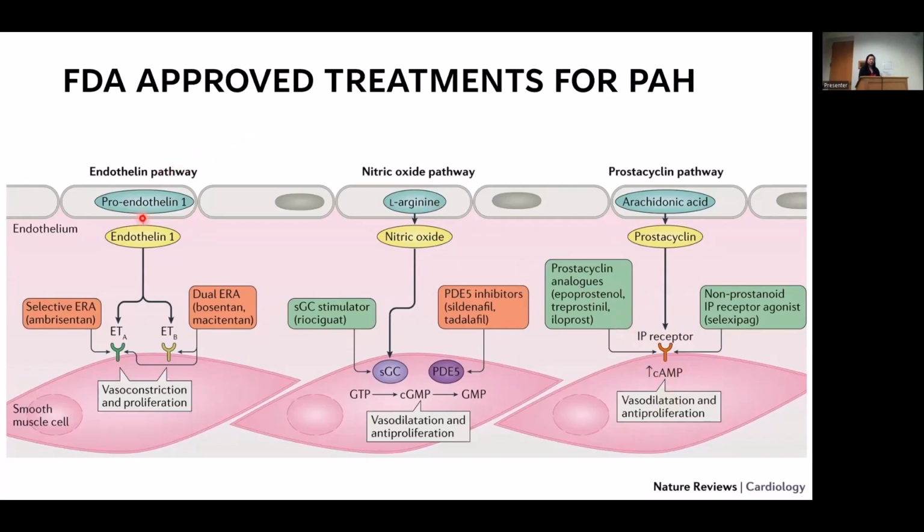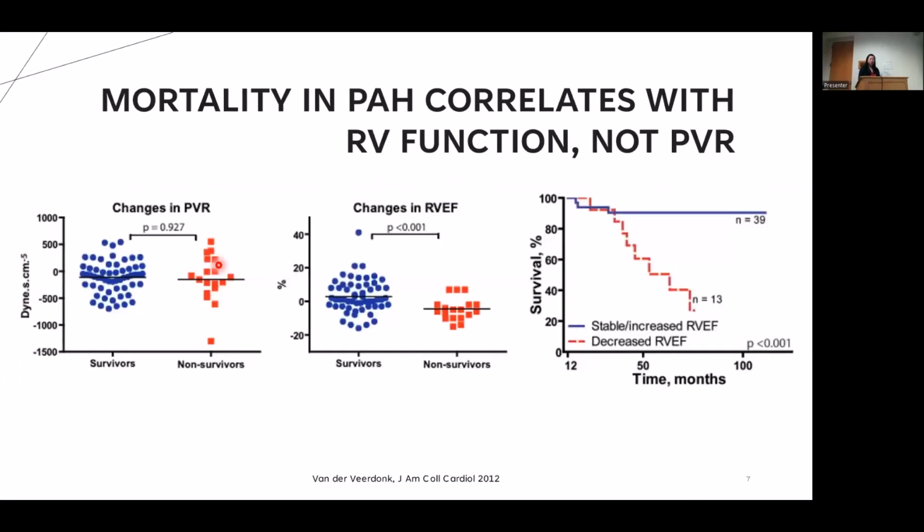But what they all have in common is that they're all treatment of the pulmonary vascular bed and the pulmonary vascular resistance. But mortality in PAH correlates with RV function and not the PVR.